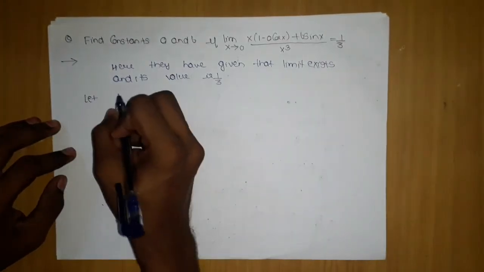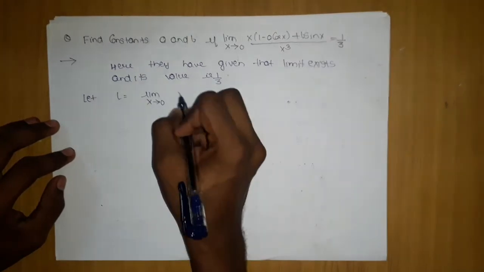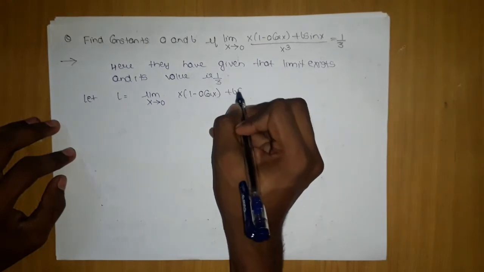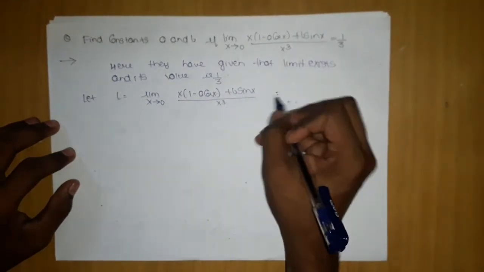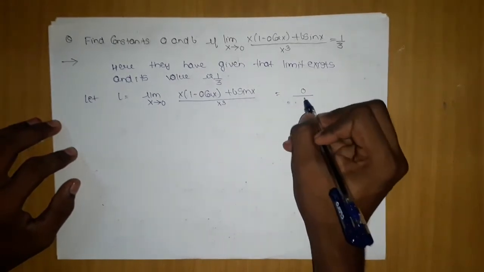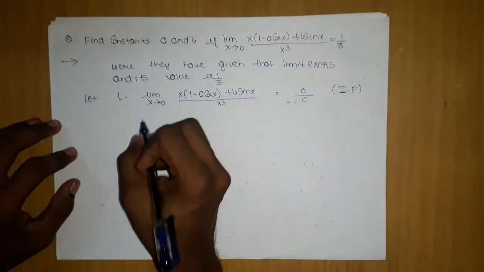Let L equal limit x tends to 0, x into (1 minus a cos x plus b sin x) the whole upon x cube. Put the values, what do you get? This will become 0, this will become 0, you get 0 by 0, which is the indeterminate form. You should write that the above is indeterminate form.